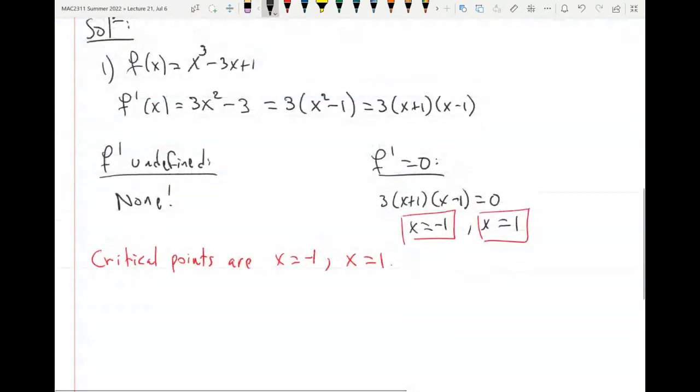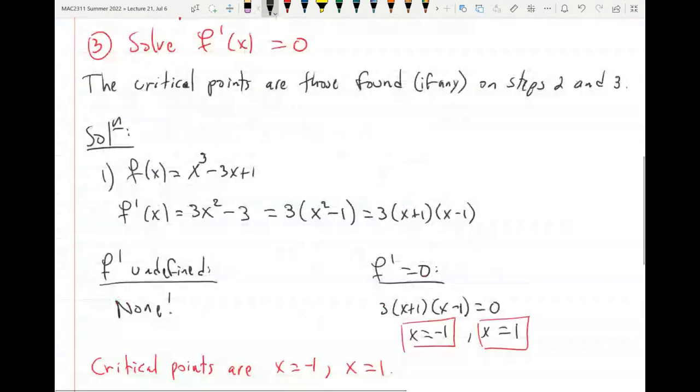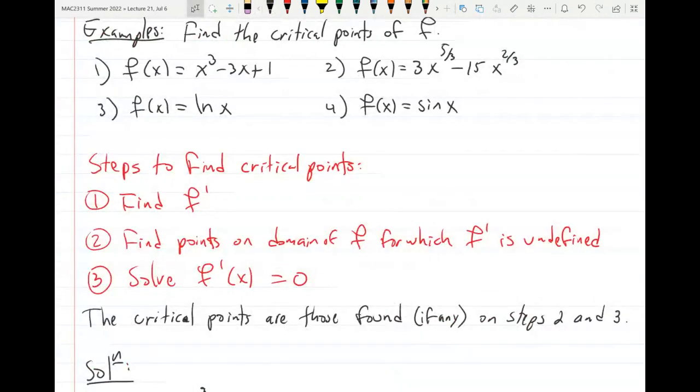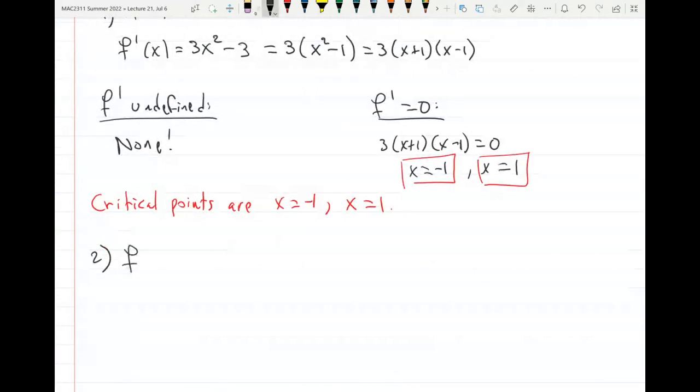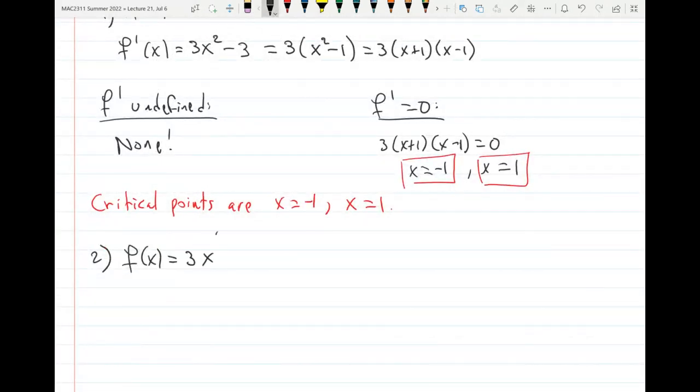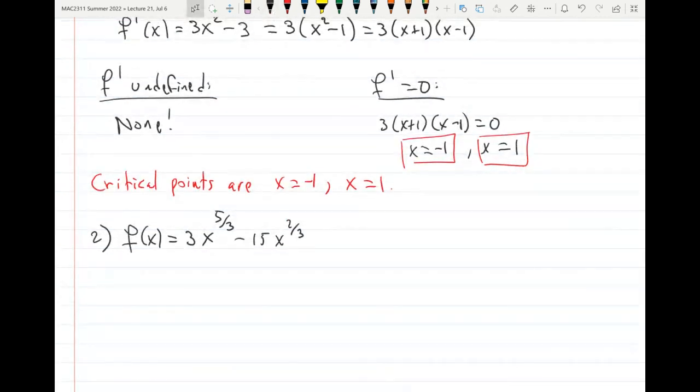All right. Now, try number 2. The algebra in number 2 is more interesting, but I want you to try first, and then we do it together. Find the critical points for this function.